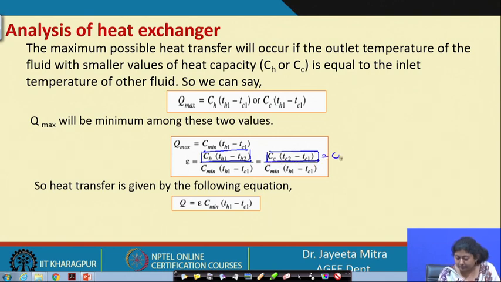So, this is equal to Q, the actual heat transfer, either this or this. Now, the actual heat transfer will then be effectiveness into this value, C minimum into Th1 minus Tc1.